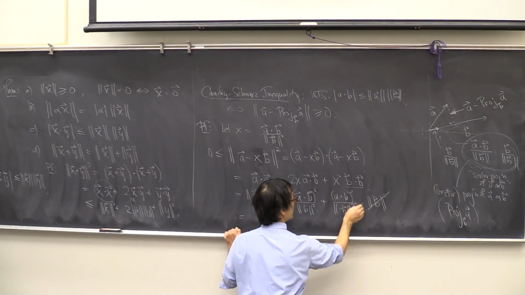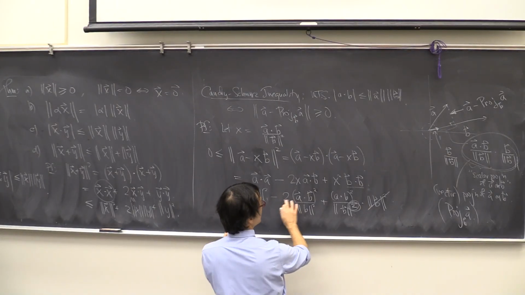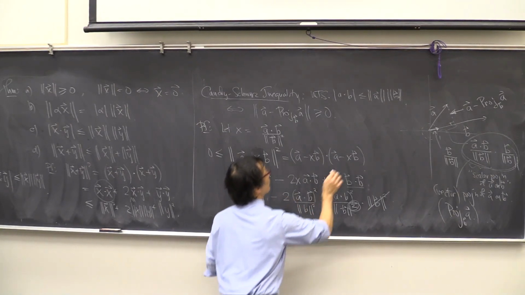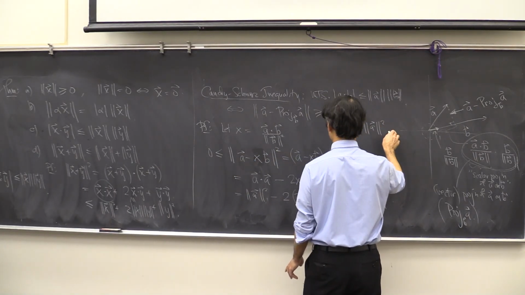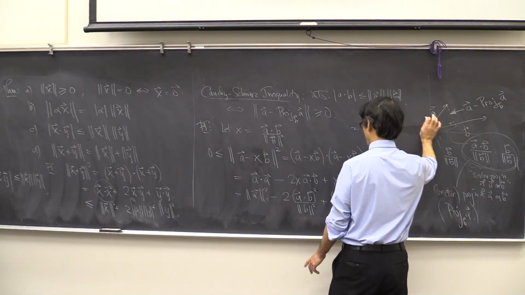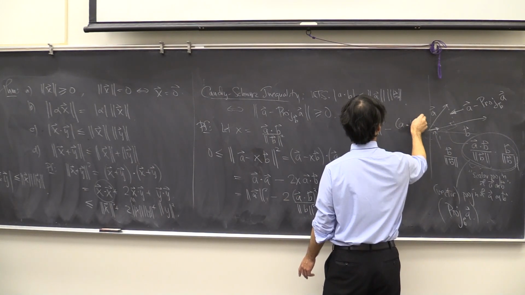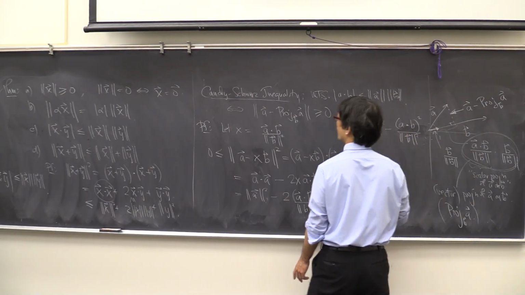This 4 changes to a 2. We've got minus 2 of these guys and plus 1 of them. So we end up with magnitude of a squared minus just one of these guys, a dot b quantity squared over magnitude of b squared.